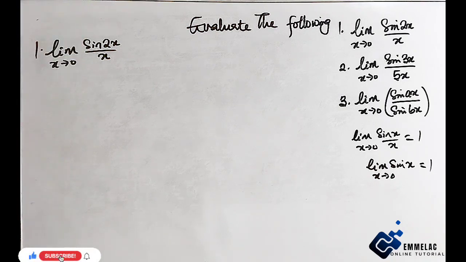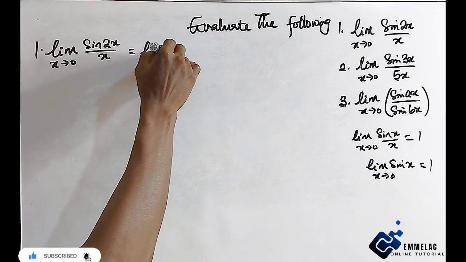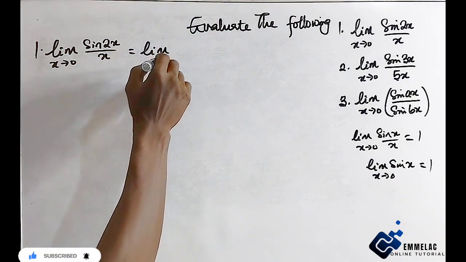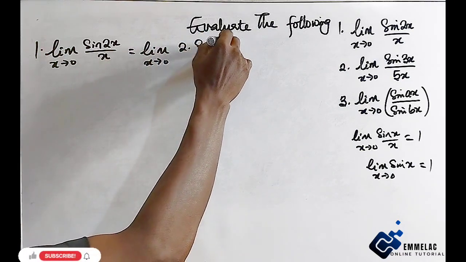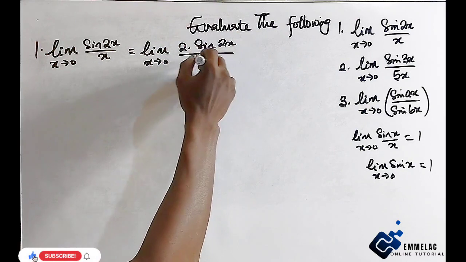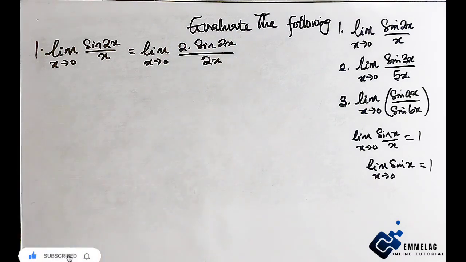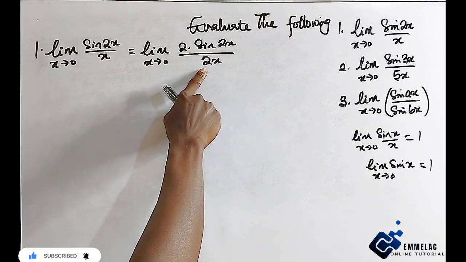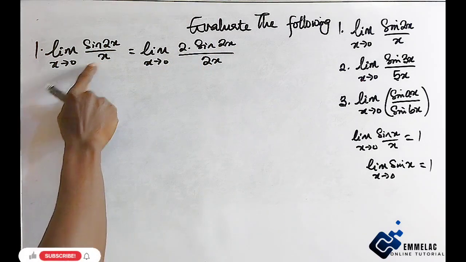So this will give us 2 times sine 2x all over 2x. And if we solve this function, we also arrive back at the original.